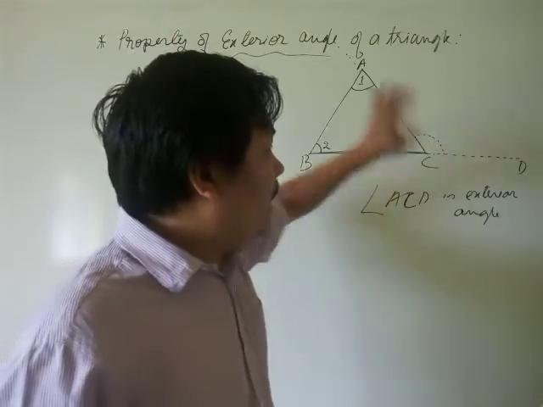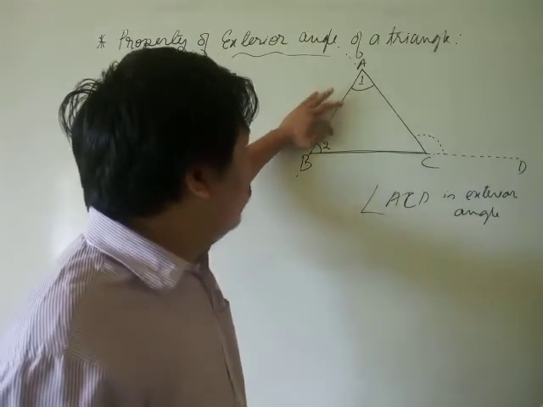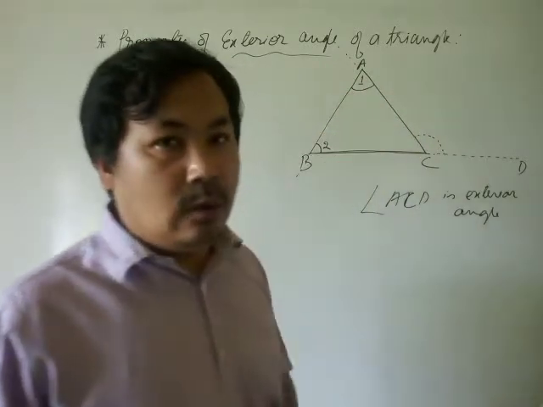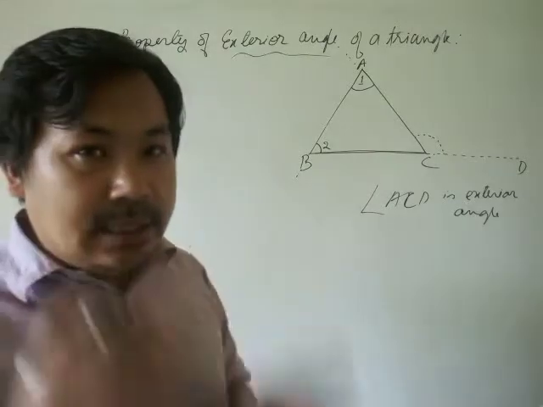For this exterior angle ACD, the opposite angles are 1 and 2. Their sum and this angle will be equal, by the property.